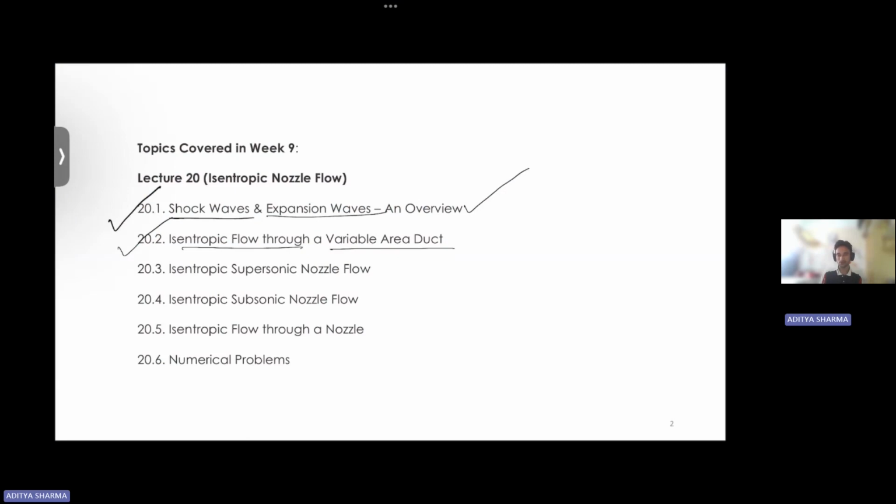I believe this is also a recap of the knowledge we gained in the previous lectures. In this topic, we see how subsonic or supersonic flow behaves when we have a convergent section or a divergent section, right?